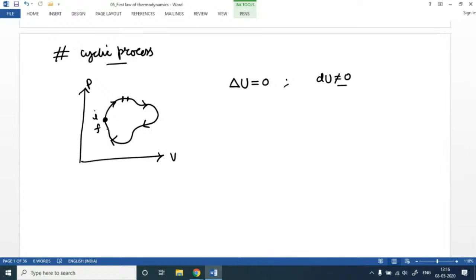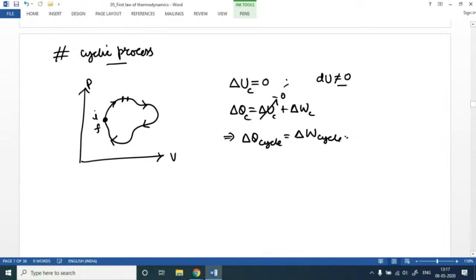According to the first law of thermodynamics, delta Q is equal to delta U plus delta W, and for a cycle this term delta U is equal to 0.